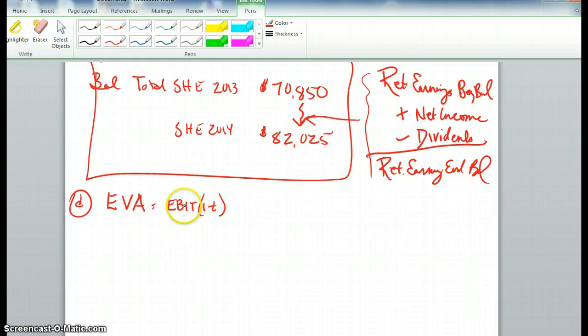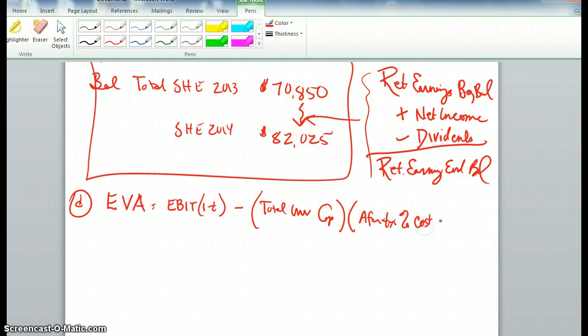And then the formula says you'll subtract total invested capital times the after-tax percentage cost of capital. Now I know that doesn't mean anything to you yet. We're going to be learning about that later in the semester. It is a given. They gave it to you.